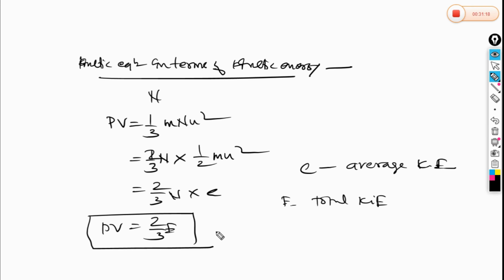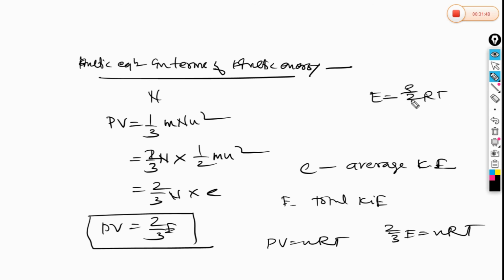Comparing this equation with the general equation PV is equal to nRT, we can write 2 by 3 E is equal to nRT. For one molecule, the kinetic energy of n molecules is E is equal to 3 by 2 RT.